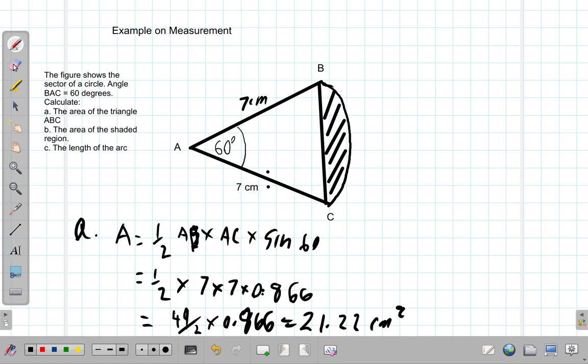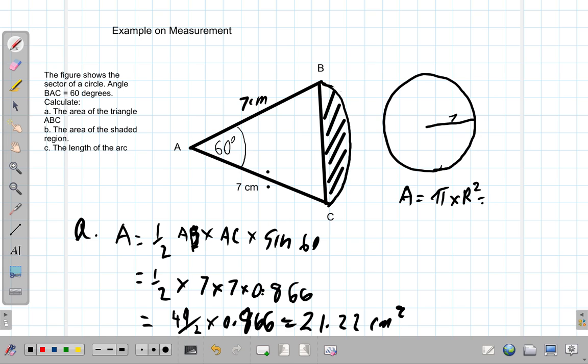Remember, if you had the whole circle with radius 7 centimeters, the area of the circle would be pi r squared, which would be pi, let's use 3.142 for pi for now, times 7 squared.